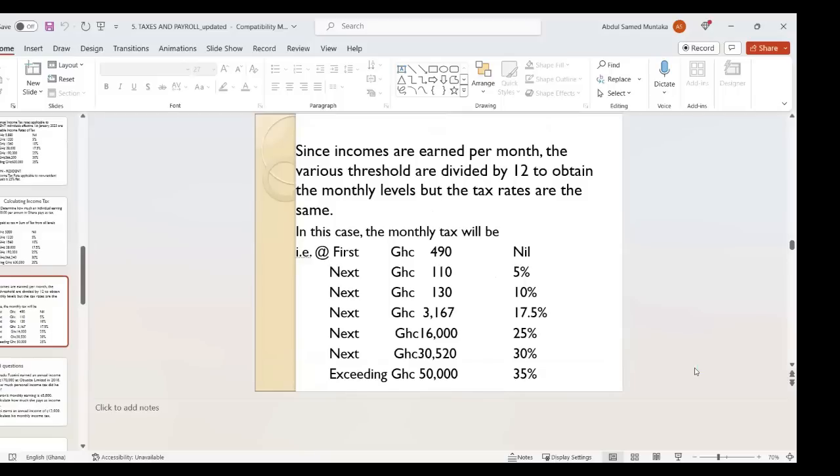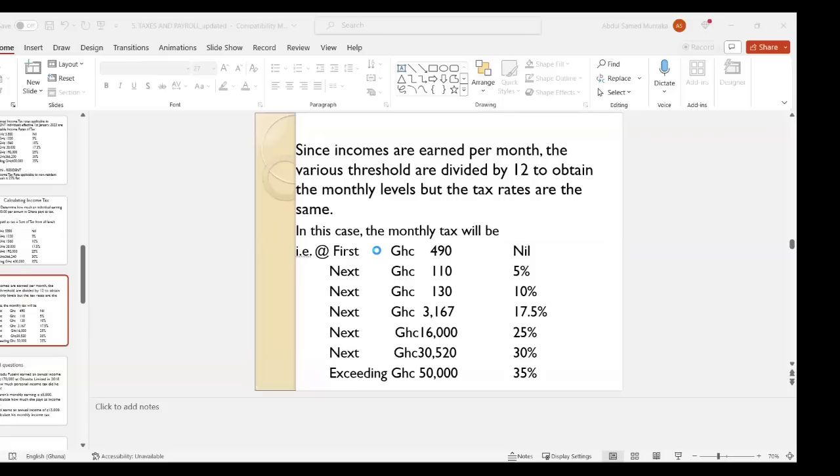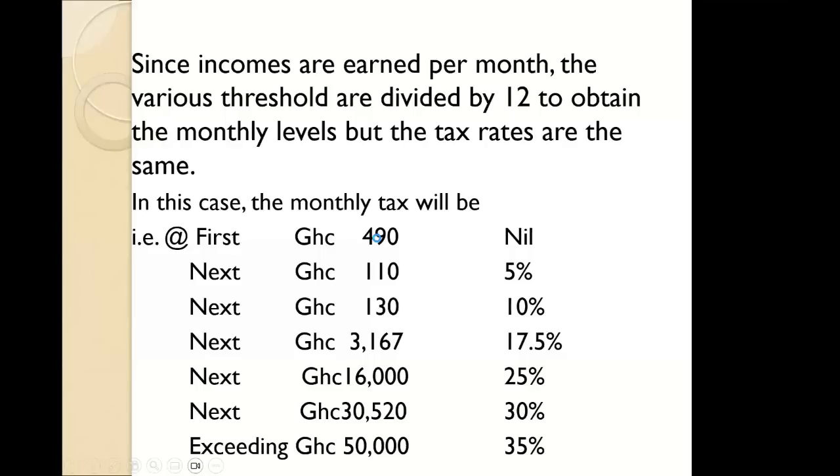So if you take 5,880 and you divide it by 12, you are going to get 490. Snap this schedule too, because we are going to use it to calculate the tax that somebody will pay if they were monthly workers.